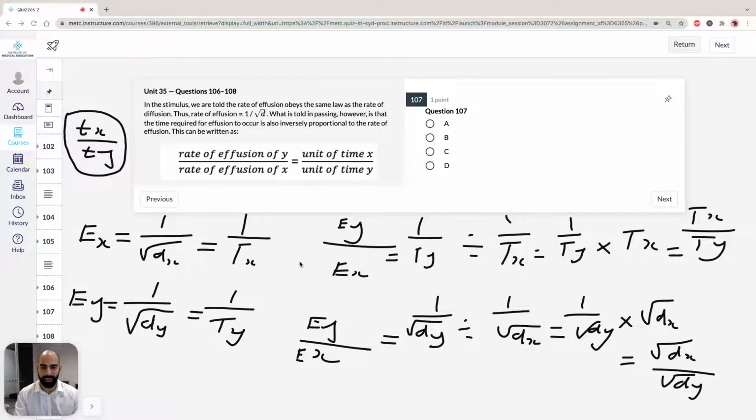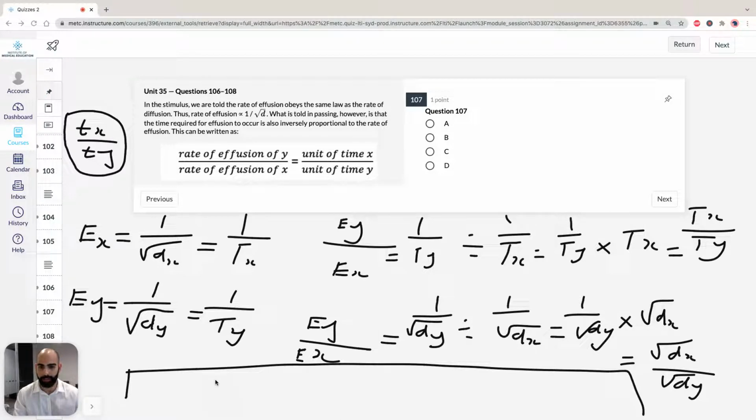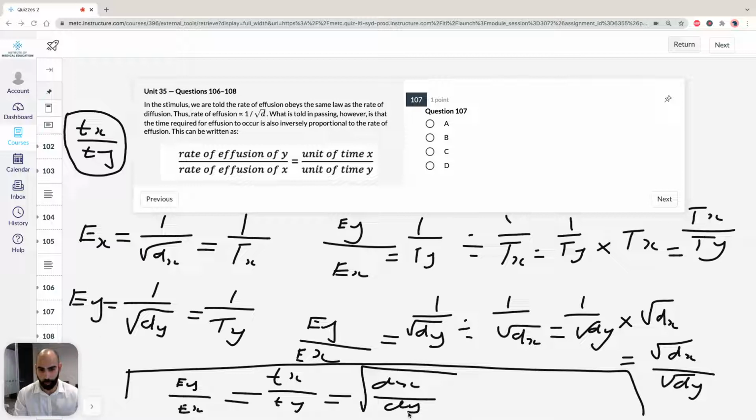So our final equation, if I write a big box here, is Ey over Ex, the effusion rate of y over the effusion rate of x, which equals the time x over time y, which is the same as saying square root dx over dy.